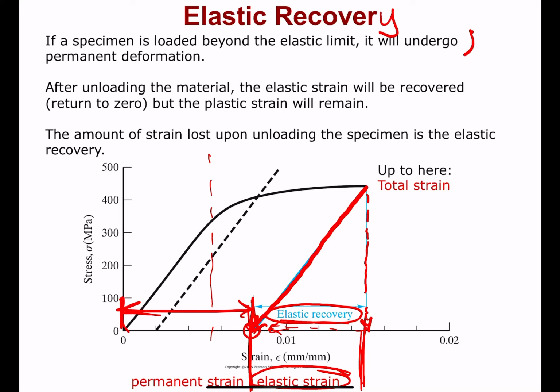Okay, so because the x-intercept for the material is not at the origin of this graph, we know that there's some permanent strain on the object due to loading past the elastic limit of the material. Okay. So in other words, permanent strain plus elastic strain equals the total strain, which was the x coordinate taken here to the end of the experiment.